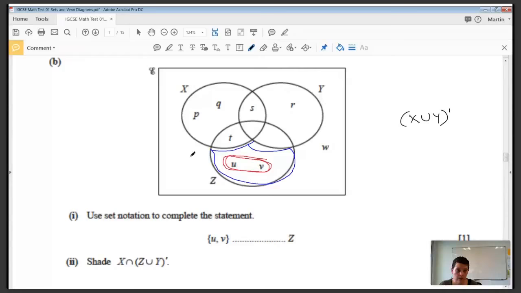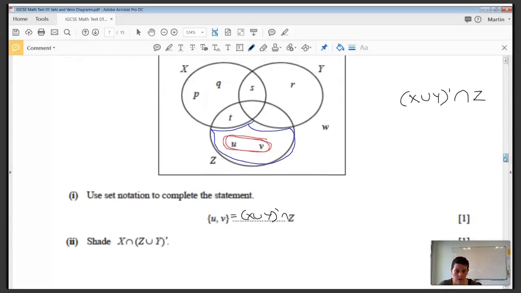So that takes us outside of those two circles, but we don't want this W in the universal set. So we only want when this intersects with Z. And there we go.